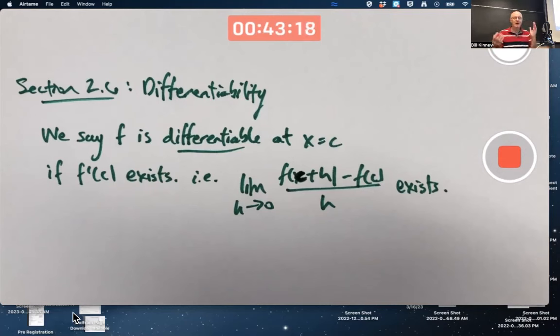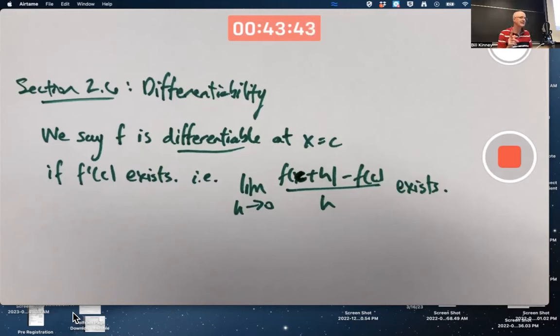Most of the functions that we've seen are differentiable. X squared is differentiable. X to the n is differentiable as long as it's defined, seemingly. Actually, that's a little bit subtle. That's not quite true. X to the n is differentiable certainly for all positive values of x.